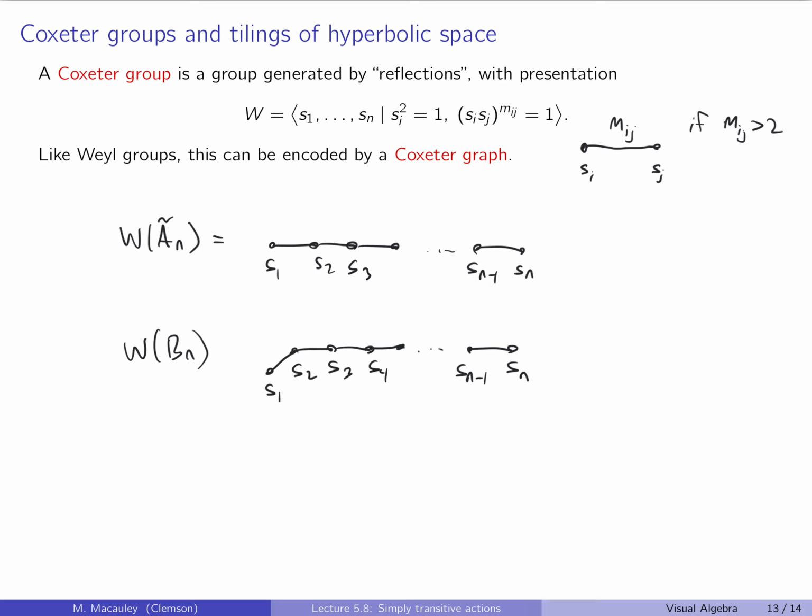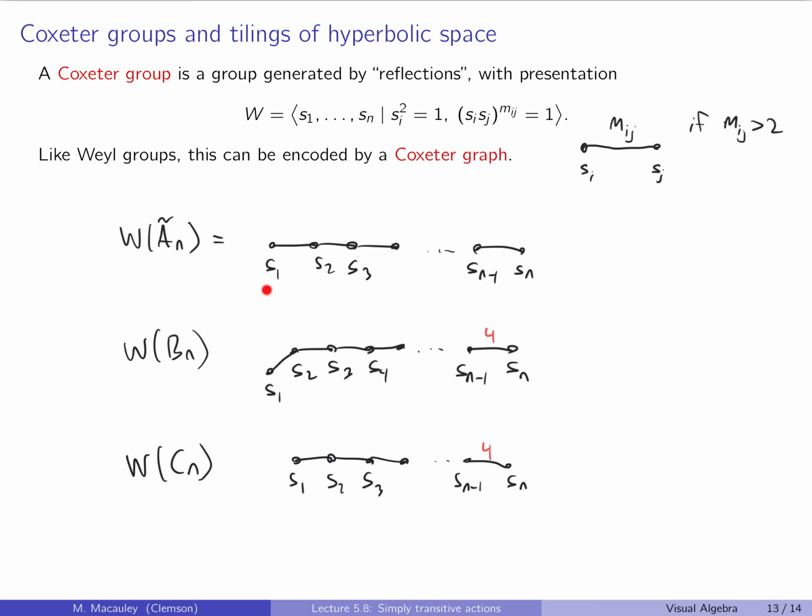I didn't need to write all these generators. And then there's one of type Cn, and Sn, Sn minus 1, S1, S2, S3, and so forth. So we also need a bond strength here of 4 and a bond strength here.